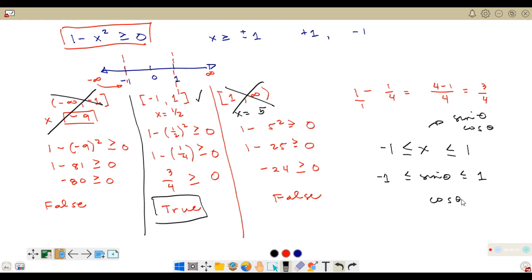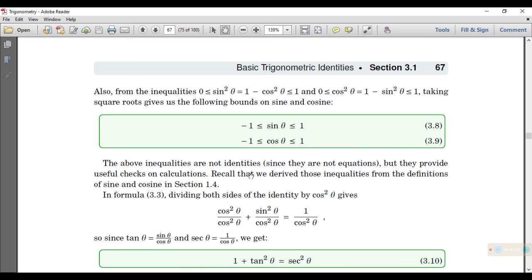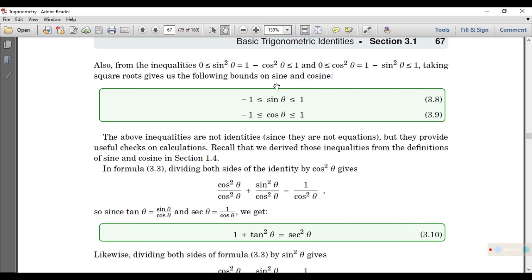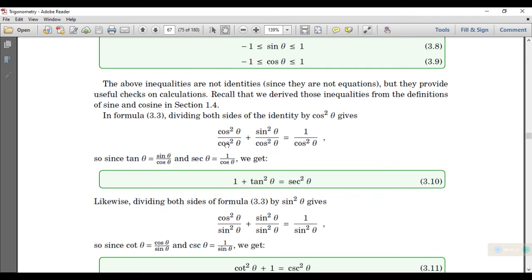And for sine, ganun din. In between lang din siya ng -1 to 1. Okay. So, dito yun ang galing. So, the above inequalities are not identities since they are not equations, but they provide useful checks on calculations. Recall that we derived those inequalities from the definitions of sine and cosine in section 1.4.